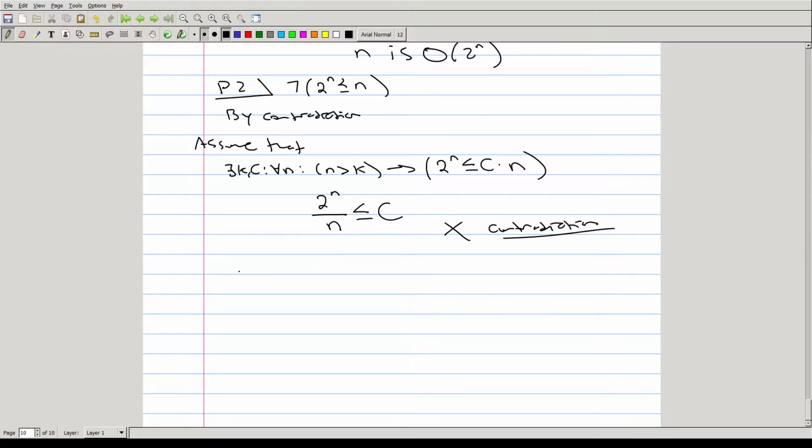And the contradiction is that the sequence 2 to the n over n is actually unbounded. If you look at something that we know is true from our assumption, is that n is strictly greater than 1.